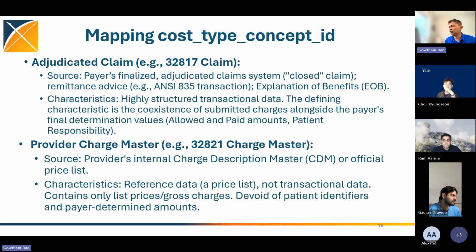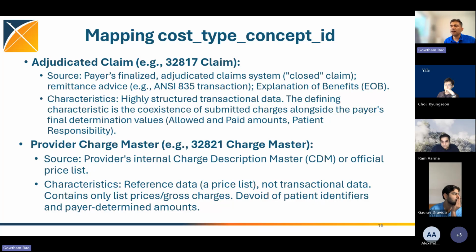So you guys know there's adjudicated claims, and that can be represented in the cost type concept ID. There is pre-adjudicated claims. The difference between those two is mostly contractual. Some people say pre-adjudicated claims is not real care, which in many cases does not make much sense, because at the end of the day, somebody received some care, and they're not creating records out of thin air.